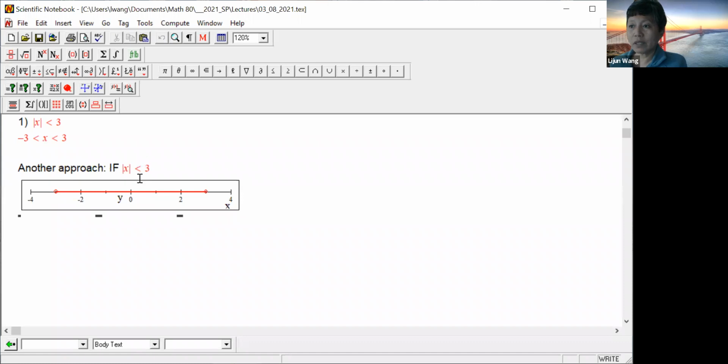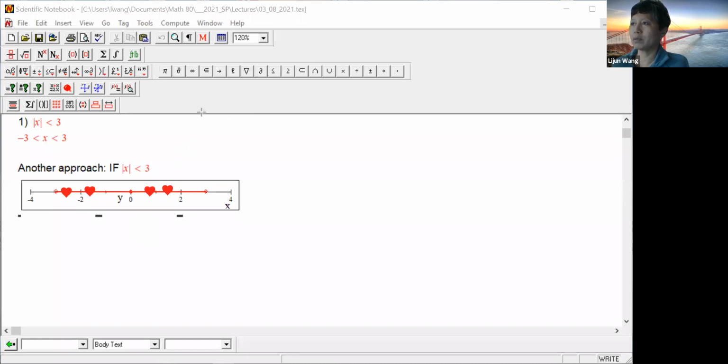We're talking about the distance between any number and 0. Their distance to 0, they're all less than 3.